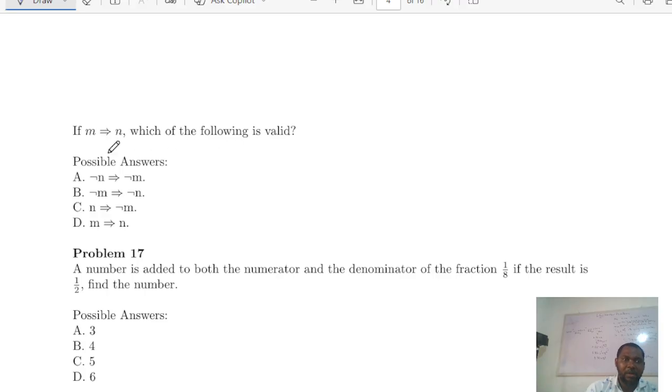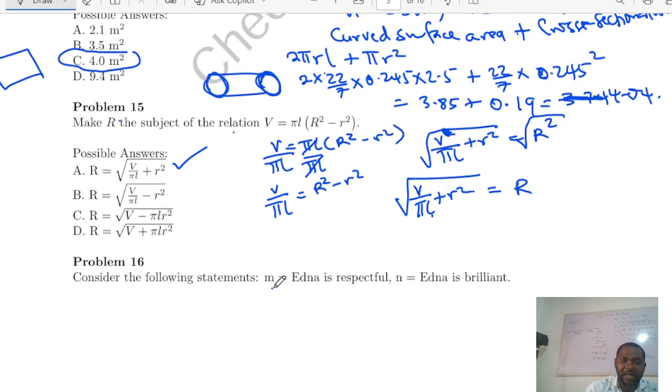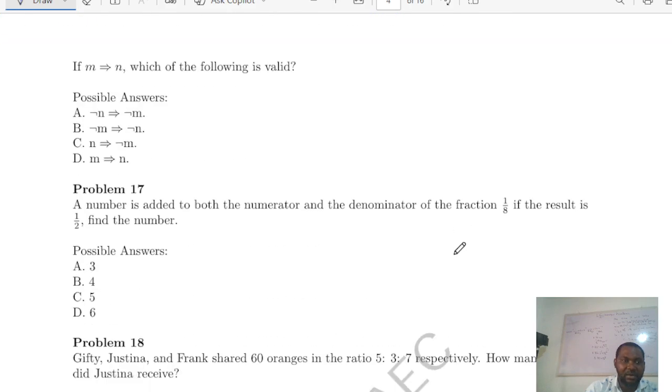What this simply means is that if M implies N, which of the following is valid? Implying means here that M, Edna is respectful, implies N, Edna is brilliant. So the answer to this question is simply B.